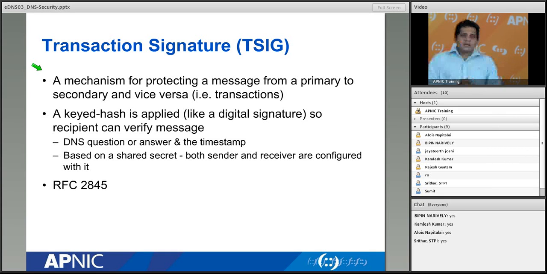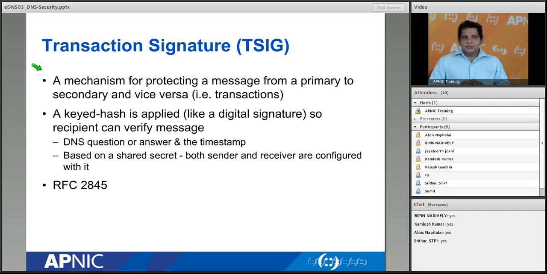We have a keyed hash. In other words, this is a symmetric key we use. The primary defines or generates this key, and then it is shared with the secondary. That's why it's called a symmetric key.